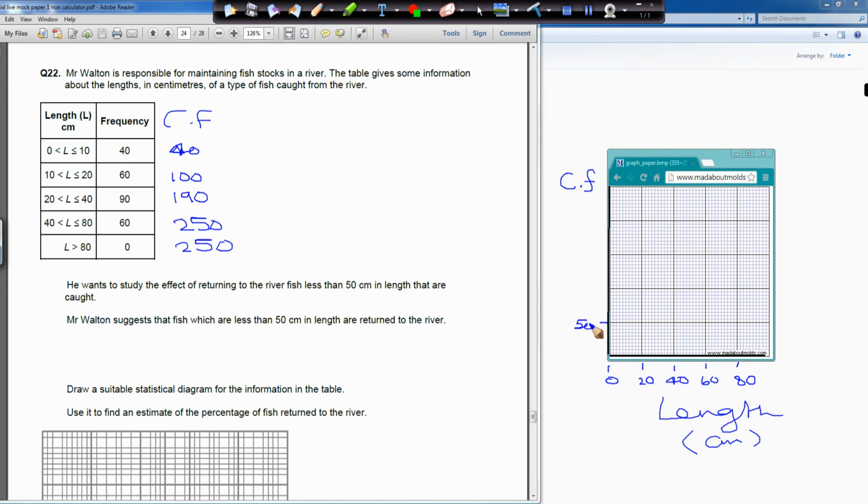So that's 50, and that's going to be 100, and that should be 150, and that one should be 200, and the last one over here should be 250. Okay, this graph here looks much better than the one that we've been given, because the graph over here is a no-go.